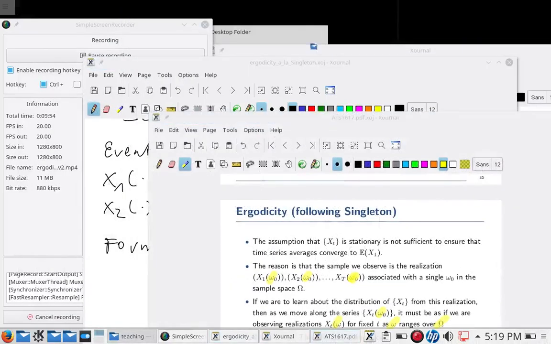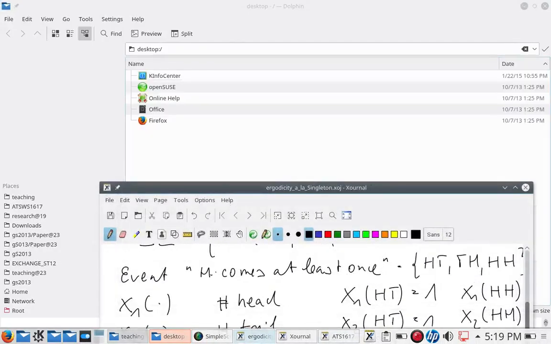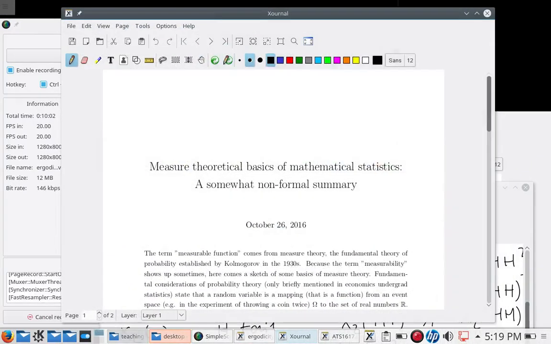In this document, you can read up some of the notions I just talked about. It's called Measure Theoretical Basis of Mathematical Statistics, a somewhat non-formal summary which expresses the fundamental ideas behind those probability spaces. So check Elias out, read through it, and you get some explanations.